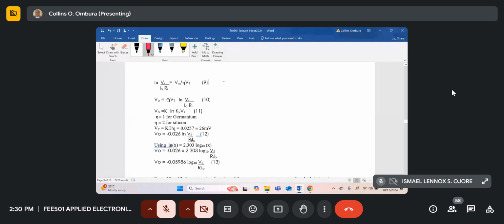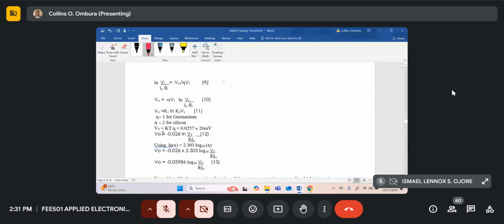So if we take minus neta Vt to be our scalar K1 and 1 over I naught R1 to be the scalar K2, and we know that neta is 1 for germanium transistor, neta is 2 for silicon transistor, and Vt is kT divided by q, which is 0.0257, which is approximately 26 millivolts at room temperature.